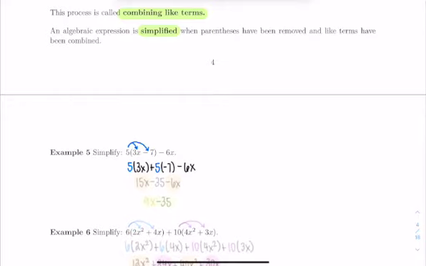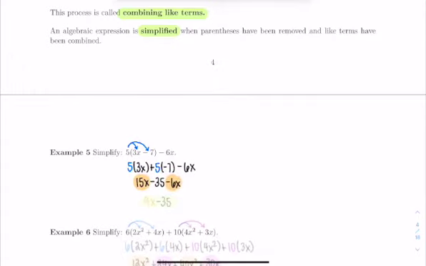So according to order of operations, we need to simplify our multiplication first. So 5 times 3x is going to give me 15x, and 5 times negative 7 is negative 35, minus 6x, and my like terms here are the 15x and the negative 6x.